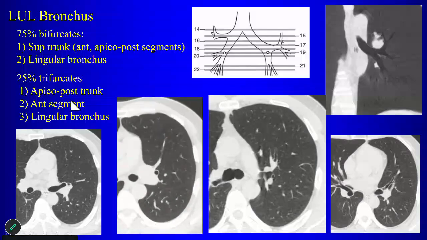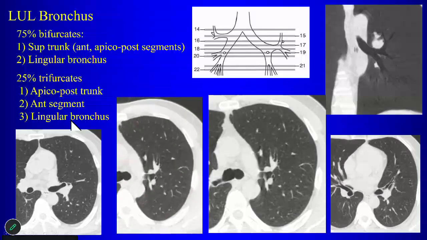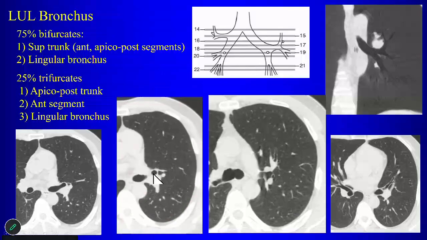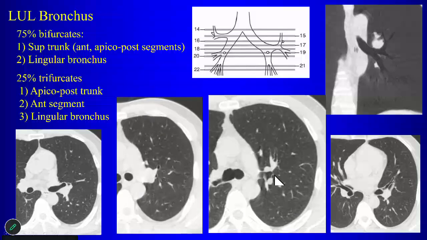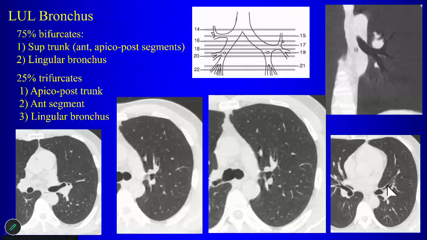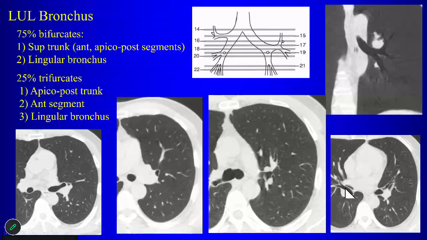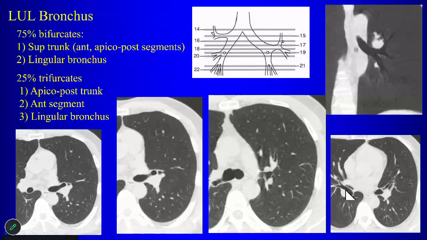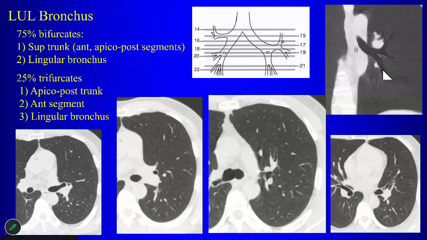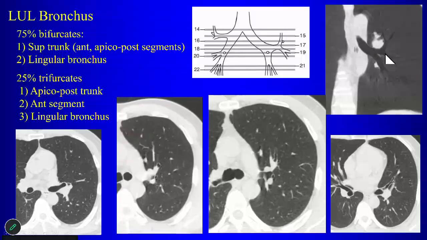In 25% of cases it can trifurcate into the apical posterior, anterior, and lingular bronchus. So here you can see the anterior and apical posterior there, and when we go below that level, that's where you see the lingular bronchus. The lingular bronchus is often at the same level as the right middle lobe bronchus on the other side. So that's the lingular bronchus there.